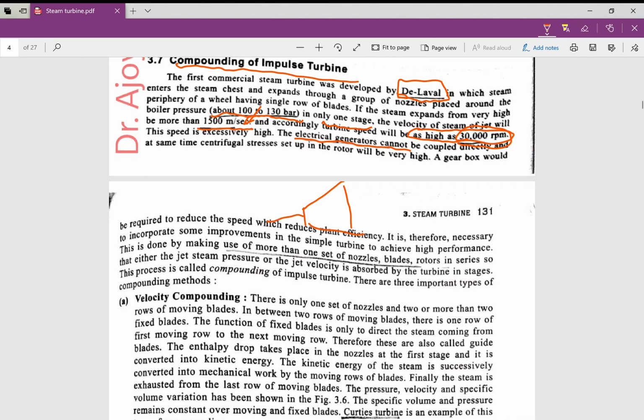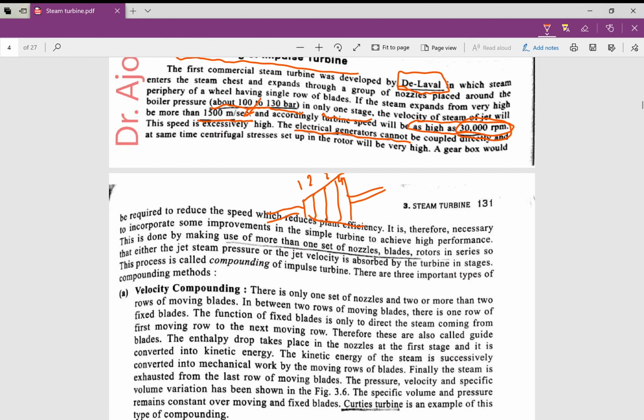This is your single shaft. This is one set of nozzle and blade. This is another set. This is another set. Here 4 sets I have introduced: 1, 2, 3, 4 sets of nozzle and moving blade.